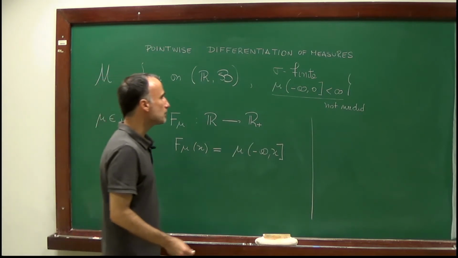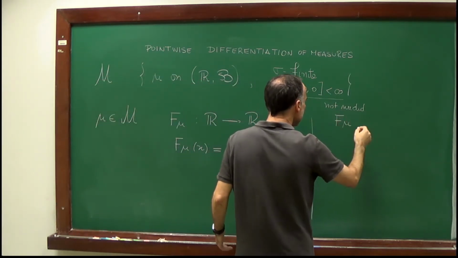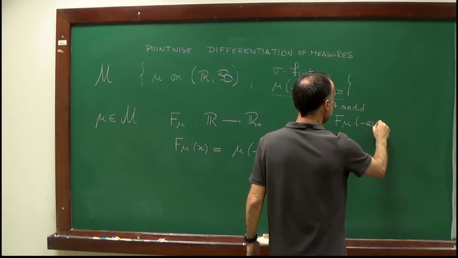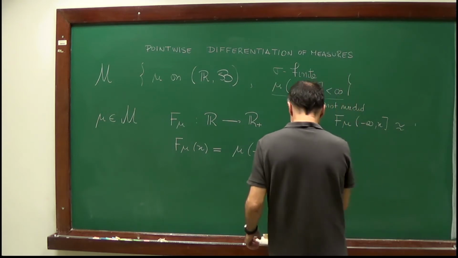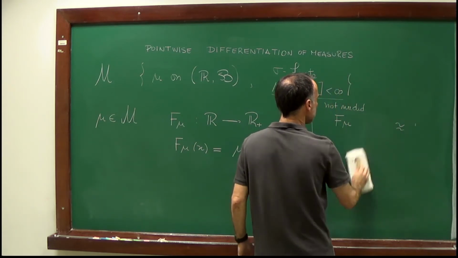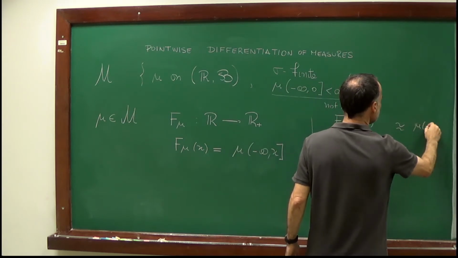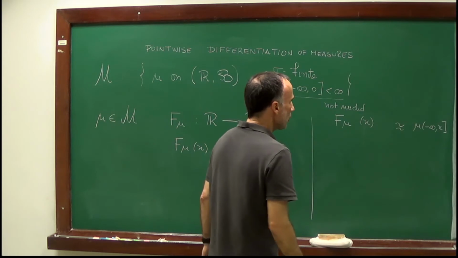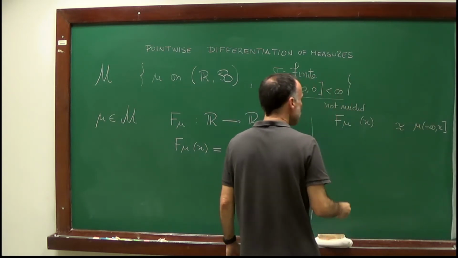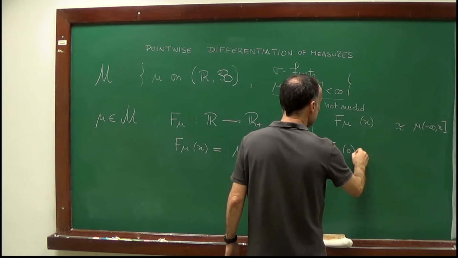And how would I define it? Well, I want f mu of x to represent mu of minus infinity x. Well, but this is plus infinity, so what I will do is the following. I will set f mu of 0 to be equal to 0.